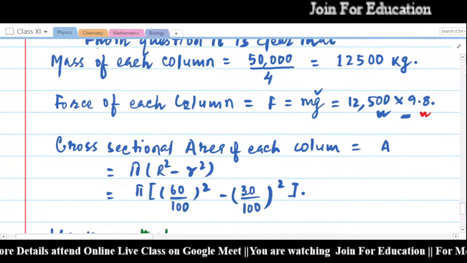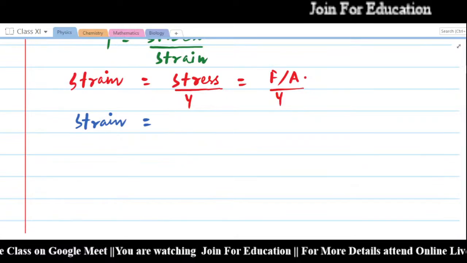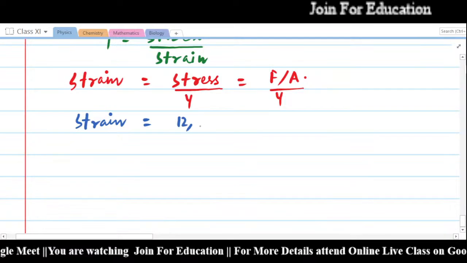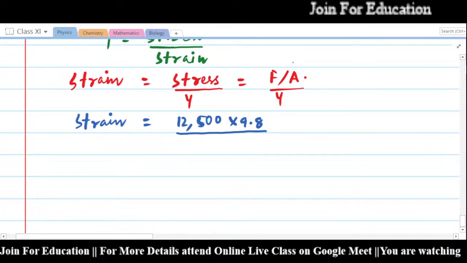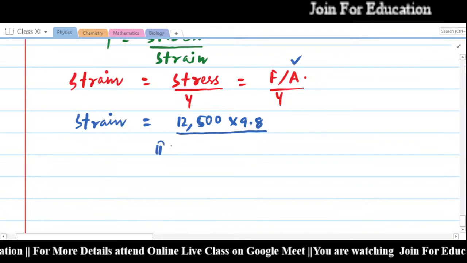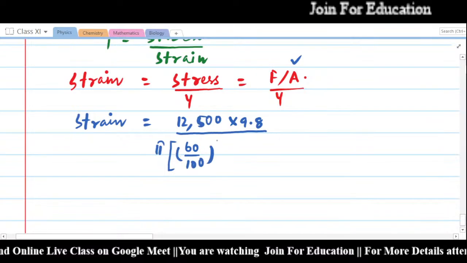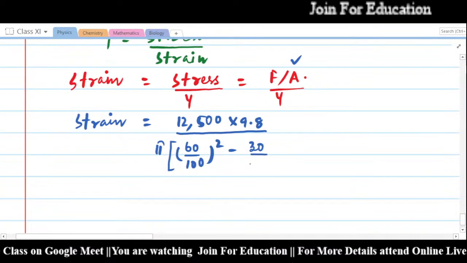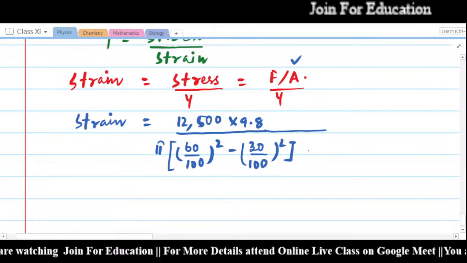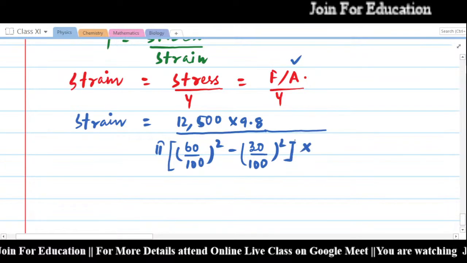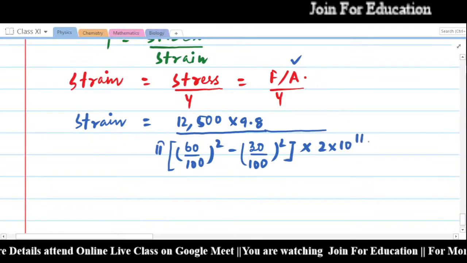So we write down here 12,500 into 9.8, and the value of A is pi into (60 by 100) square minus (30 by 100) square, and the Young modulus of the steel is 2 into 10 to the power 11 Pascal.